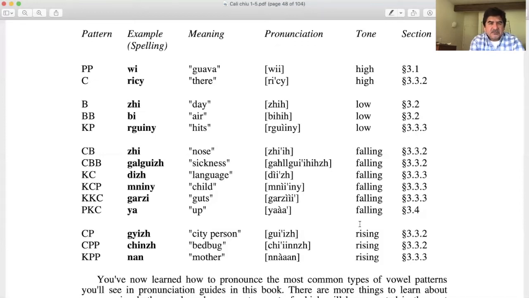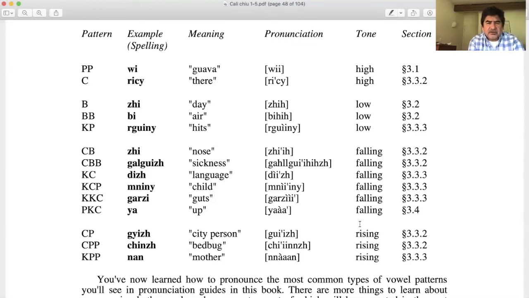Up, ya. City person, gish. Bedbug, change. Mother, non.